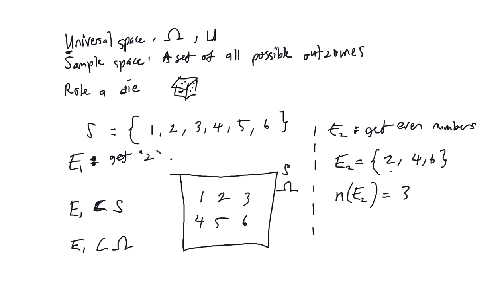Similarly, the number of outcomes in event number 1 is just 1, because we only get 2 one time. Now that's universal space or sample space, with rolling a die as example.